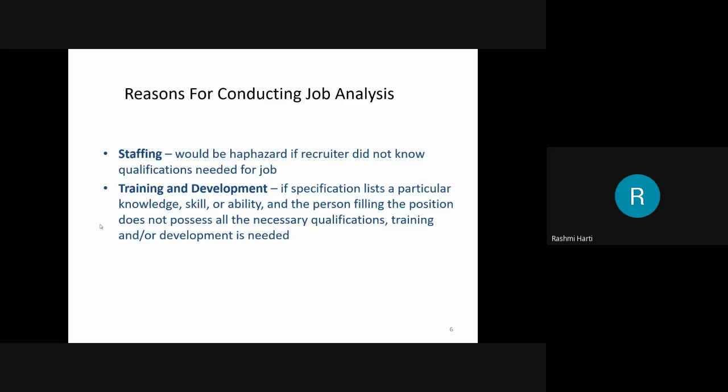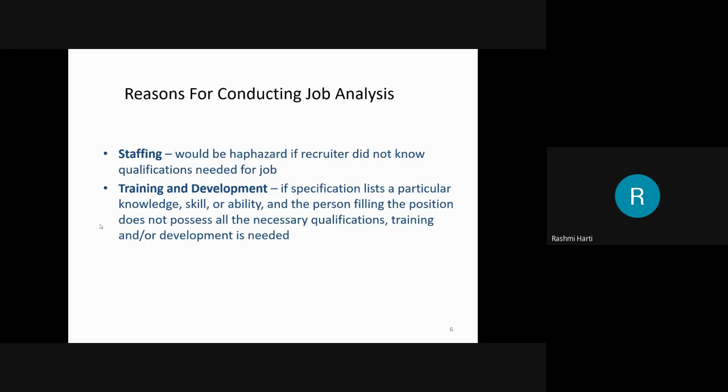If recruitment is required, what type of candidate is to be recruited for that job becomes very clear when there is job analysis. If it is not there, it becomes very haphazard recruitment for the HR department. They will not know what type of skills, knowledge or ability is required for a person to work on that particular job. So that is one of the reasons why job analysis is to be conducted.